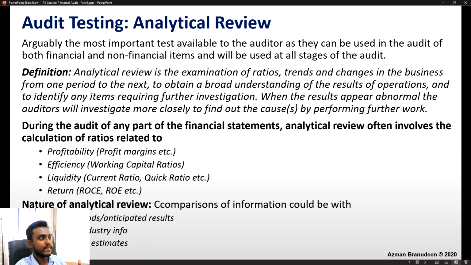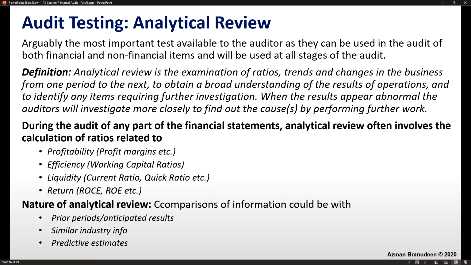And if you look at the nature of analytical review, you can look at the comparisons of information with prior period or anticipated results, that is variance analysis, and looking at the gaps in terms of the desired and the actual results. You can benchmark, you can look at similar industry information, and you can even use predictive estimates. There you go, a quick view on the entire slide.